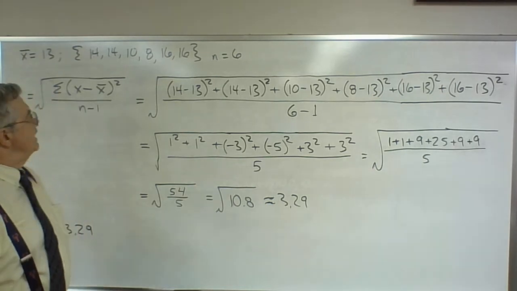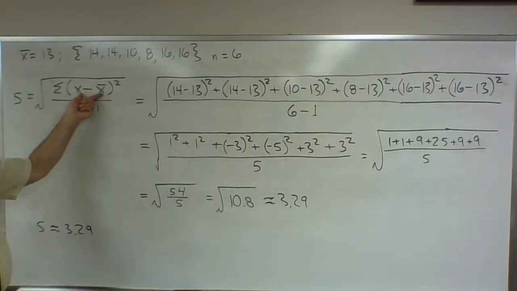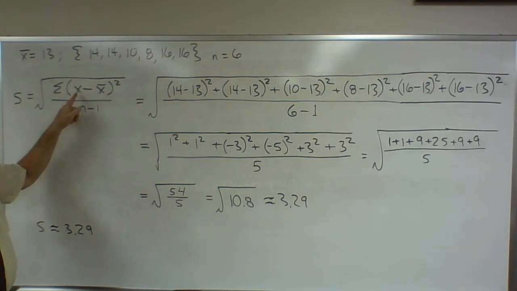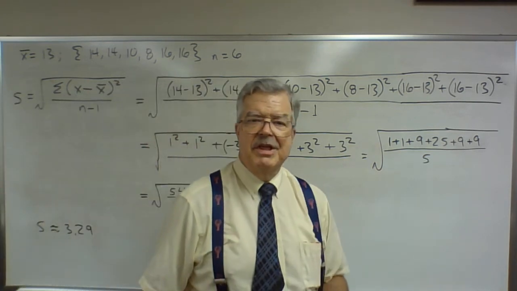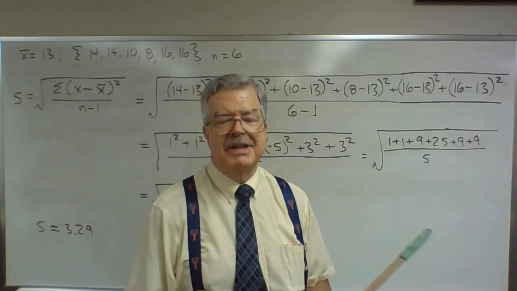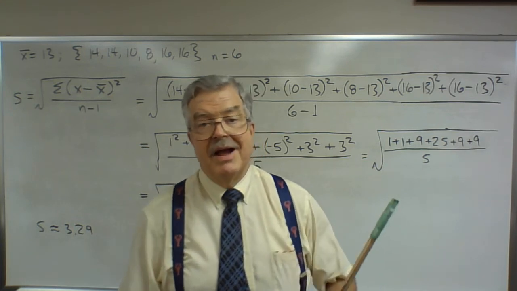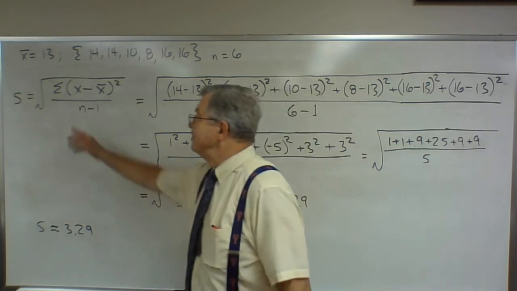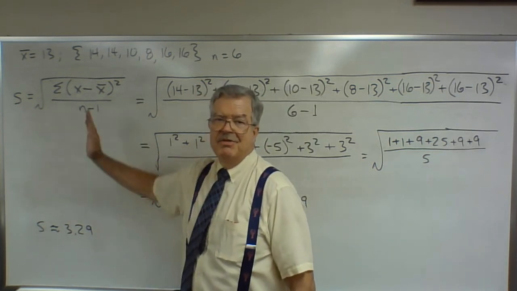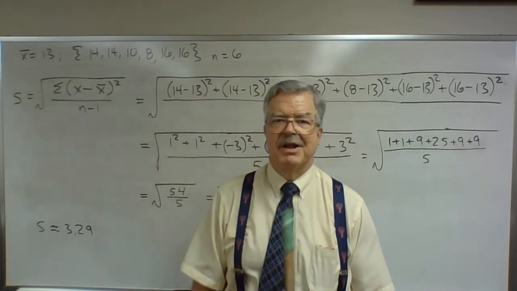So that's why we had to go to all of this trouble of squaring each difference between a data value and the mean. And that would keep everything from canceling out. And then to compensate for the fact that we squared everything, we computed the square root after we added everything up.